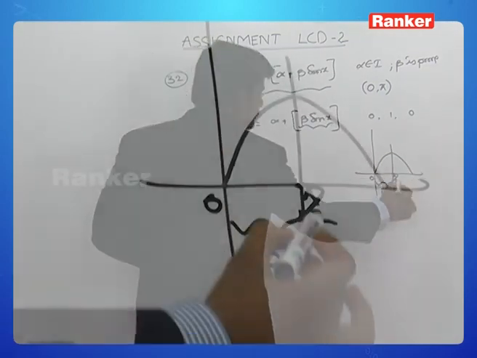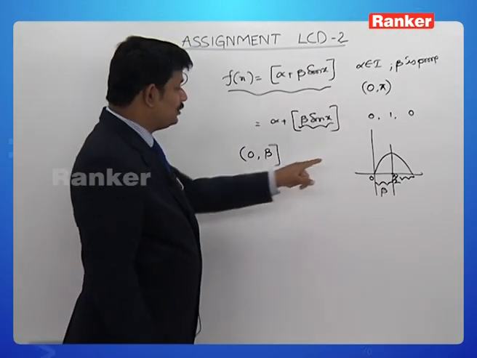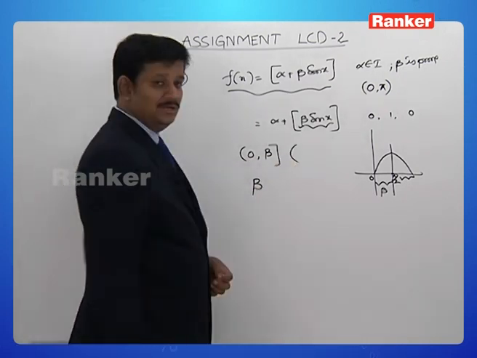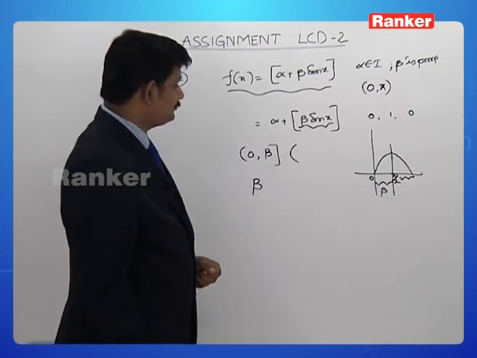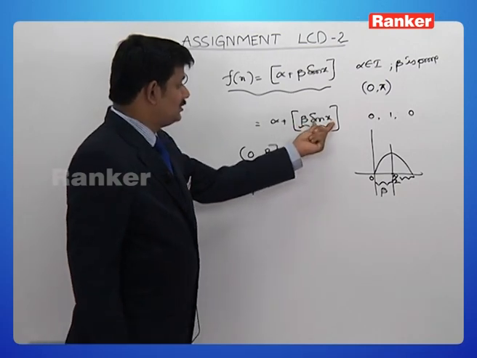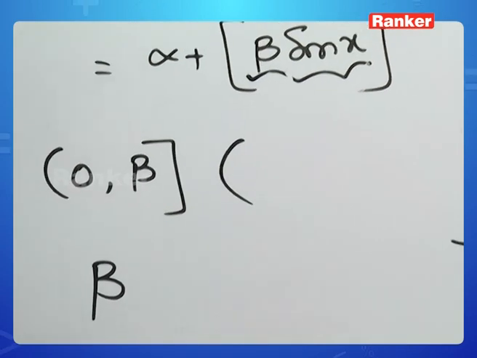Now, let us investigate from pi by 2 to pi. Because pi by 2 is already included in the discussion here, let me start from the open interval pi by 2 to pi. Sin x is taking all values from 1 to 0, so beta sin x will take all values from beta to 0.